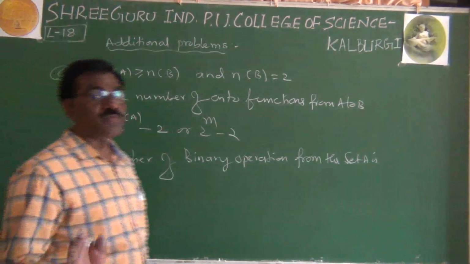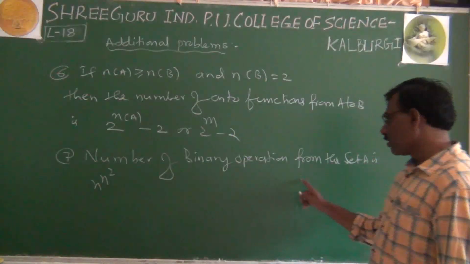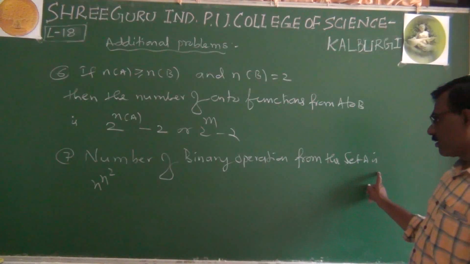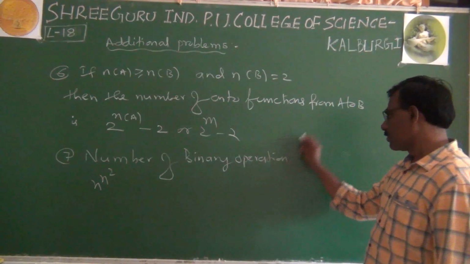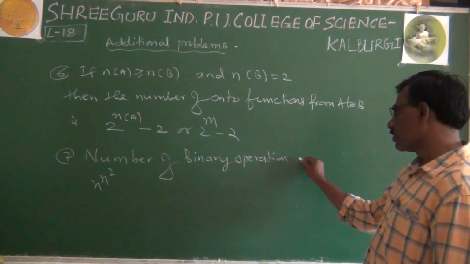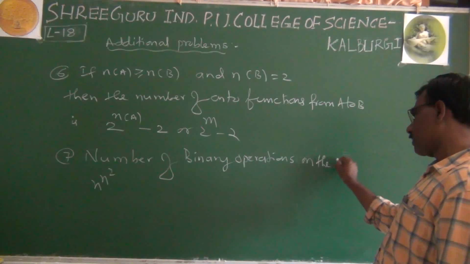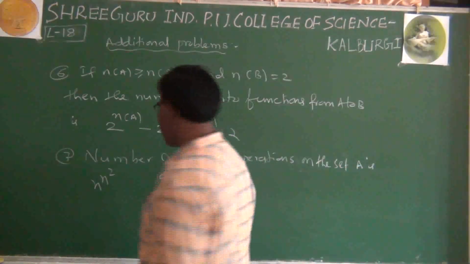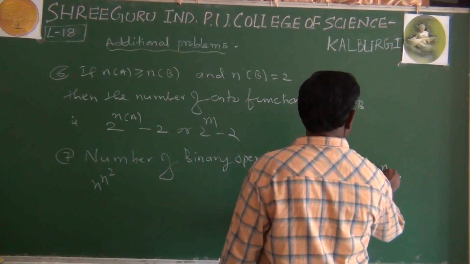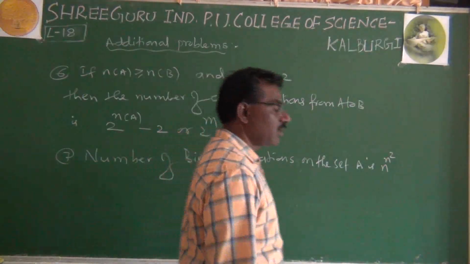Number of elements of set A. The number of binary operations on the set A is n to the power n square. It will go n to the power n square.